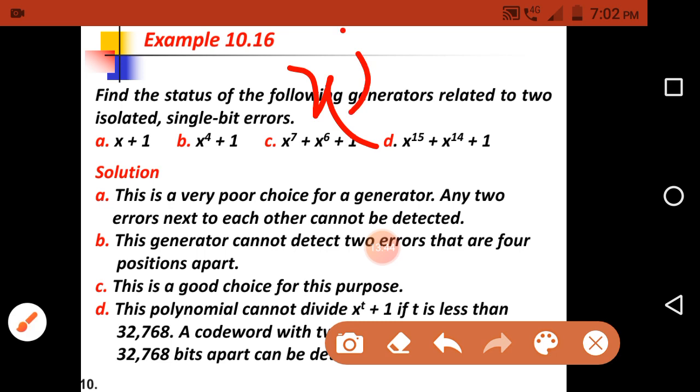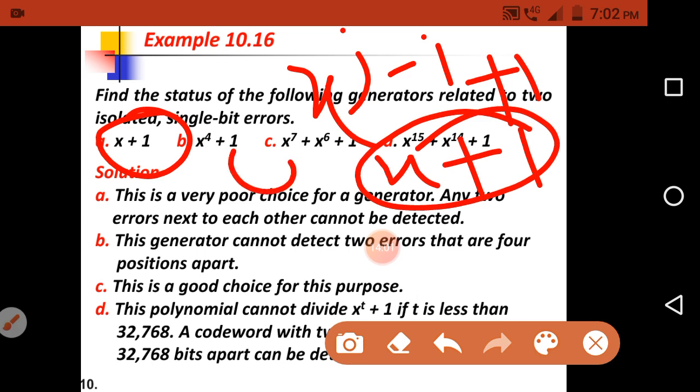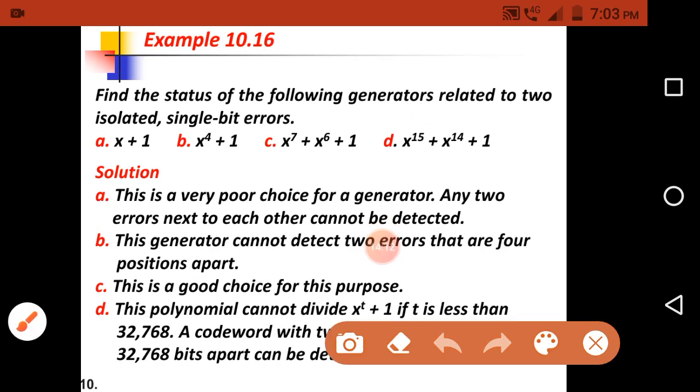The error is in the form of x^(j-i) plus 1. If the distance between the two errors is 1, then it will be x plus 1. The generator is x plus 1 and the error is also x plus 1, so the remainder is 0. So if it divides, it is not guaranteed that it will detect the two single bit errors.